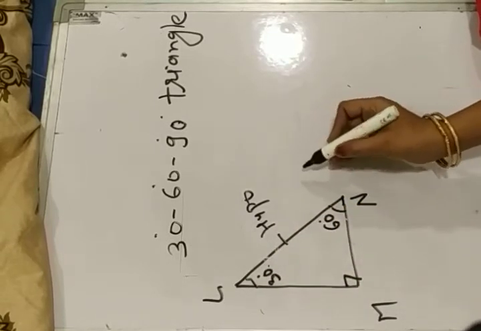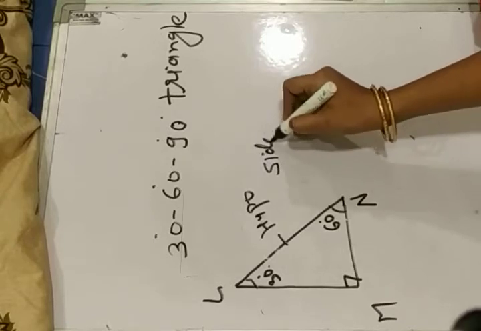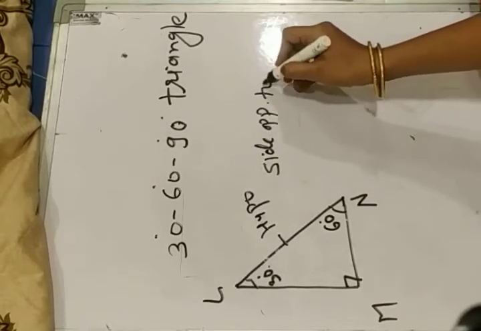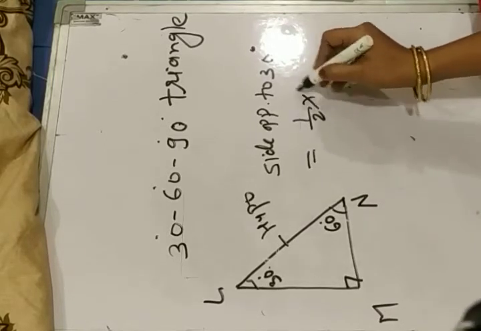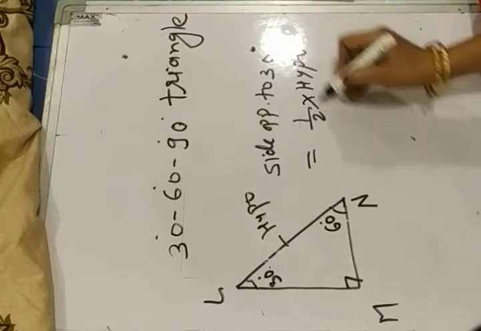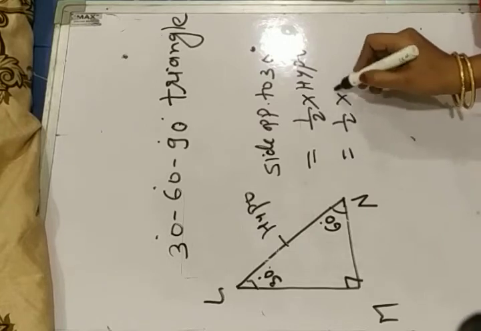Okay, so the side opposite to 30 angle is half into hypotenuse, and the hypotenuse is LN.